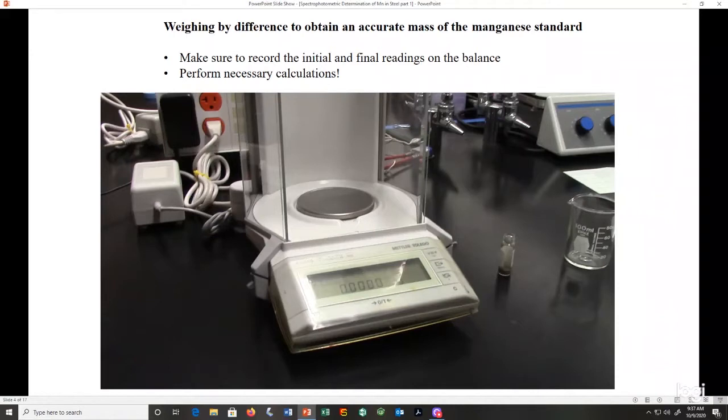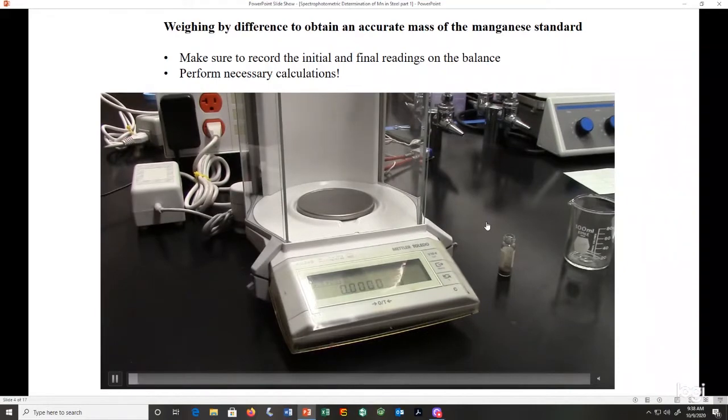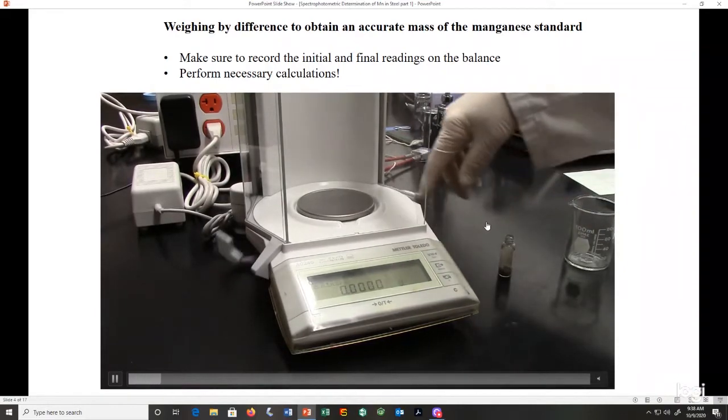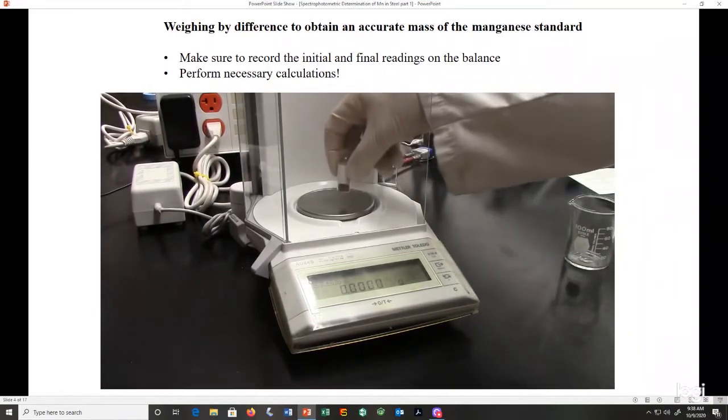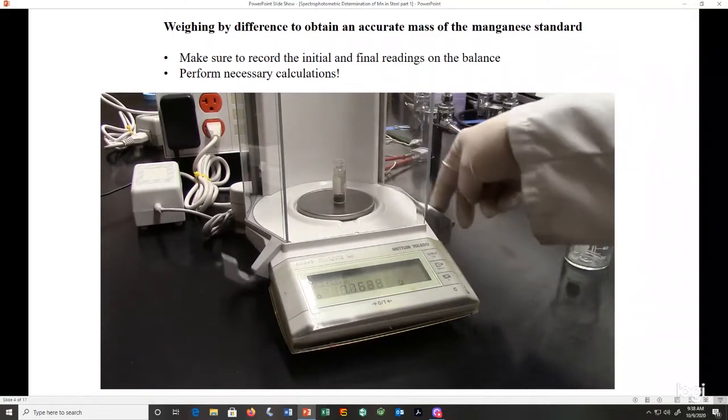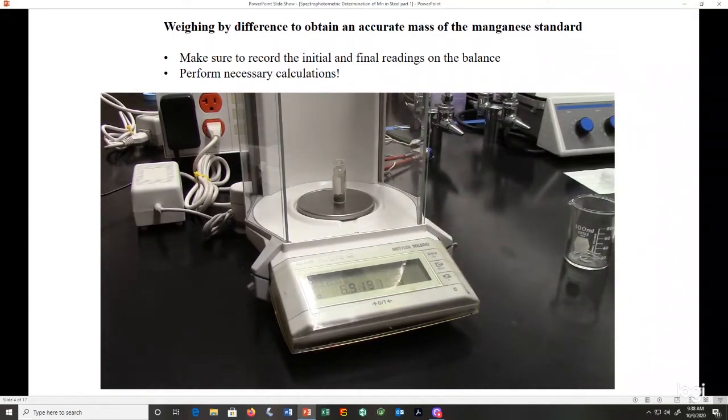So we're going to be weighing by difference to obtain an accurate mass of the manganese standard. Make sure to record the initial and final readings on the balance. And make sure you perform the necessary calculations in your lab notebook. We have our container of the manganese standard.